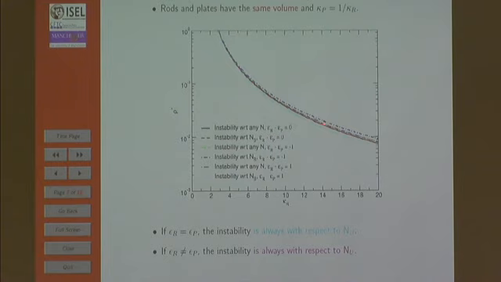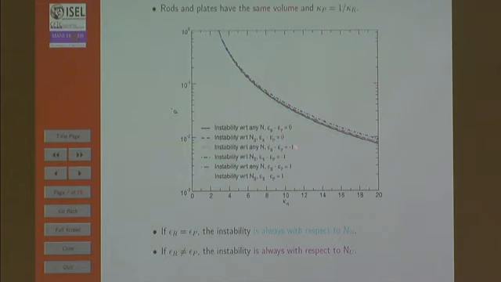And what this means is that if there is no energy penalty, or if the energy penalty for going rod or going plate is exactly the same, that's rods and plates are equivalent, then the isotropic phase is unstable with respect to the nematic phase at this density as a function of rod elongation, and the instability is with respect to biaxial nematic.